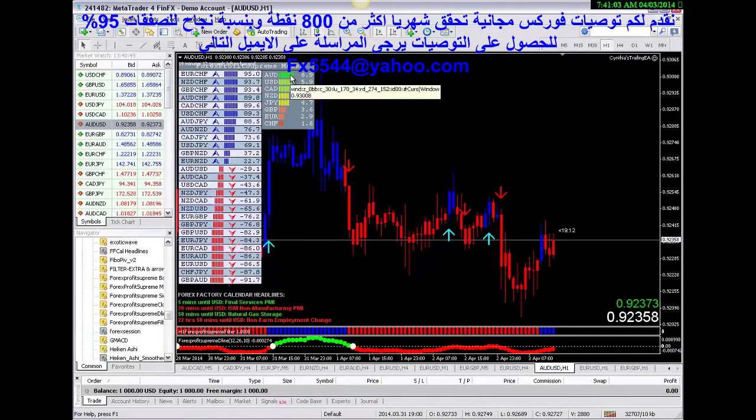Right now the Aussie is really strong, so they would be buying the Aussie and selling the dollar, but look, the dollar is really close to the strength of the Aussie. That means it's going to be flat. The Aussie is very strong, but the US dollar is pretty strong too, not as strong. But that just means there's going to be a lot of flatness here. There's no real direction for the market.